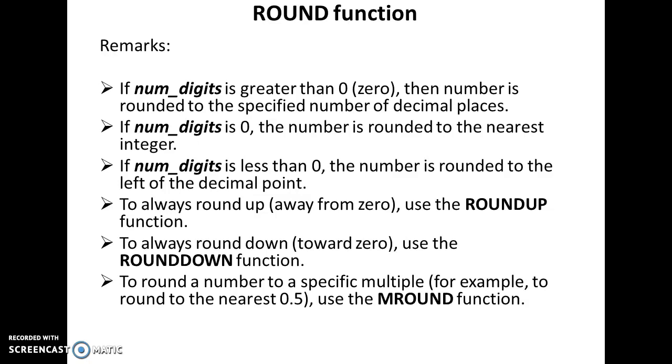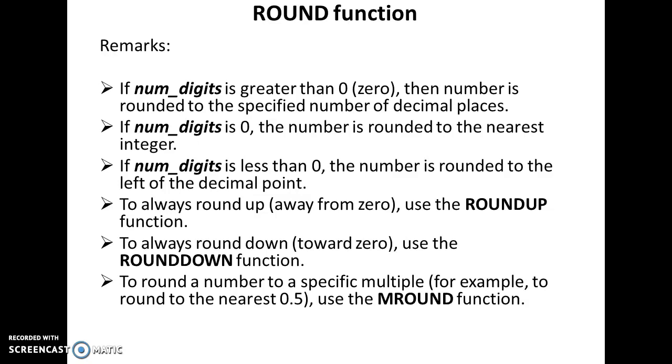To always round up, away from 0, use the ROUNDUP function. To always round down, towards 0, use the ROUNDDOWN function. To round a number to a specified multiple, for example to round to the nearest 0.5, we use the MROUND function.